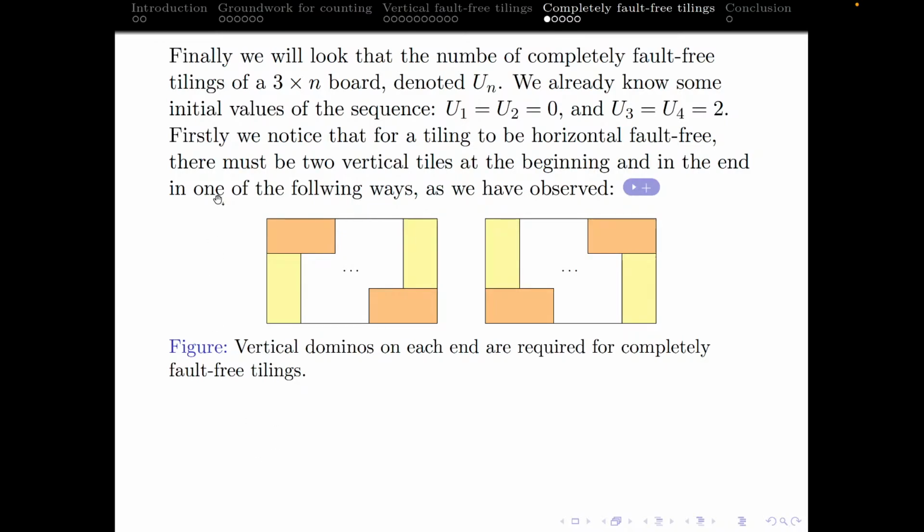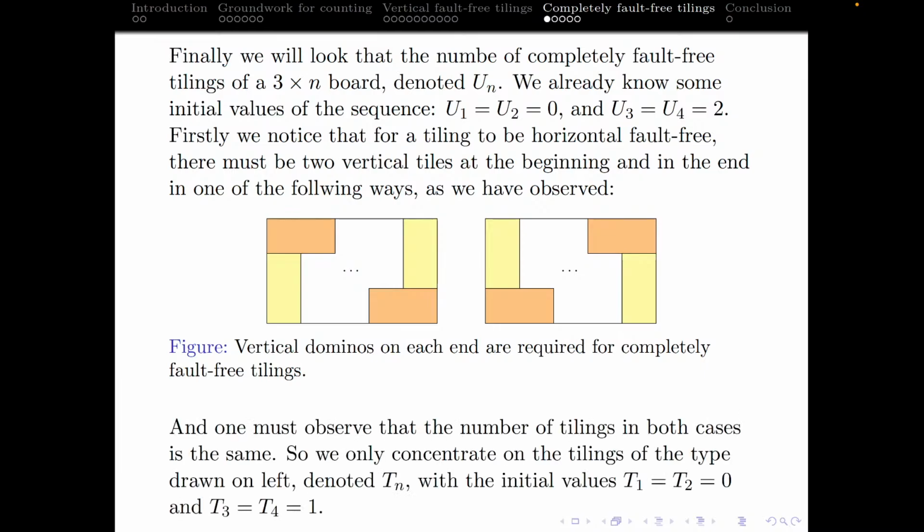To avoid horizontal faults, there have to be vertical tiles placed either like this or like this. So all of the tilings of this type have analogs of that type, which are basically mirror images of each other. That explains why un will always be an even number, because all of the tilings are basically mirrored.